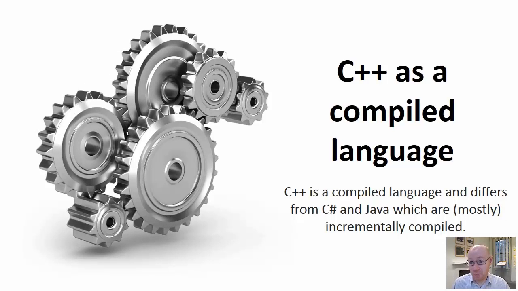As mentioned, C++ is a compiled language, and we're classifying it as such, differentiating it to some degree from some other languages, in our case most notably Java or C#, which nowadays are incrementally compiled.